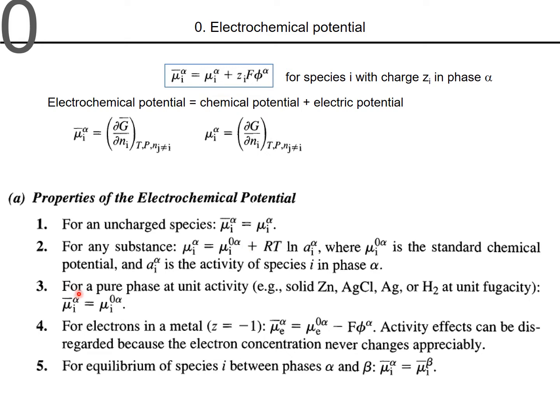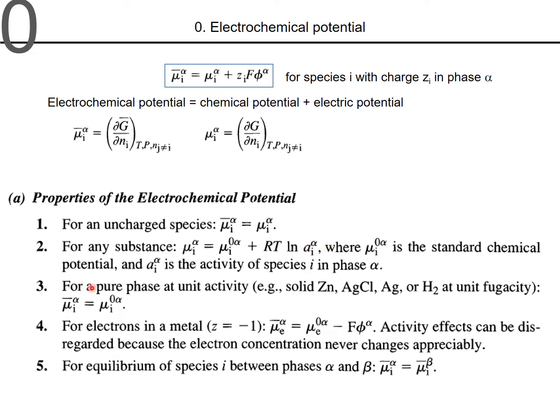The third property: a pure phase at unit activity, for example, solid zinc. The solid material always has its activity at 1. Silver chloride and silver, those are solids, or hydrogen gas at unit fugacity, in other words, unit activity. In that case, the activity term is going to 0 because the activity is equal to 1.